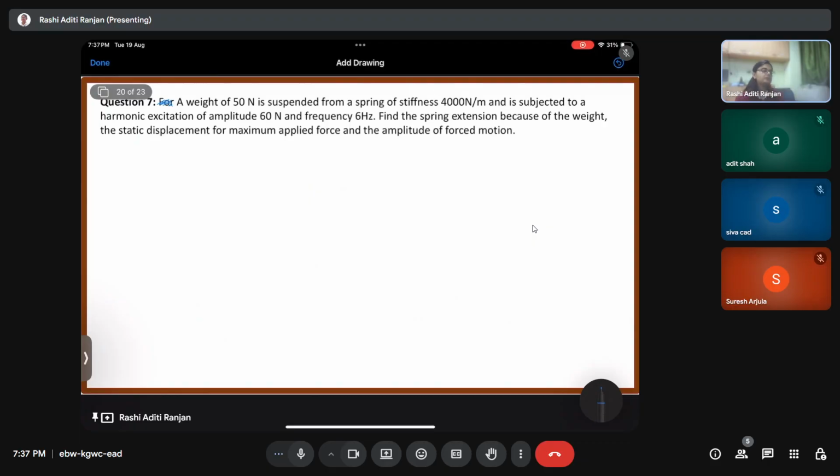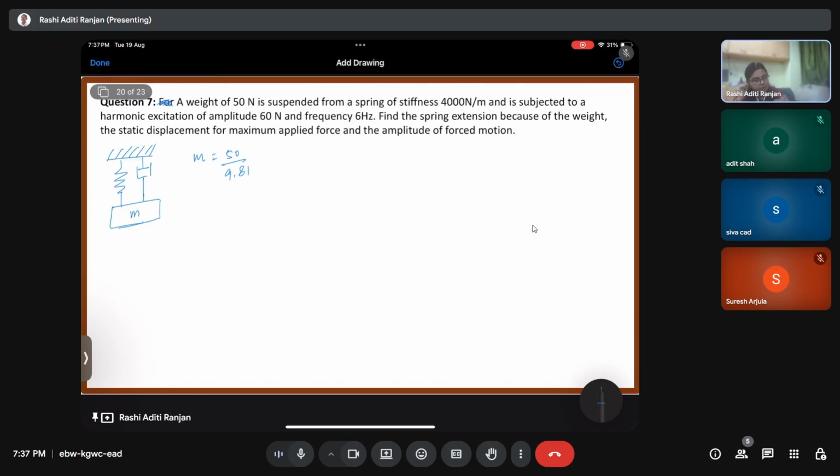Okay, so this case is something like we have a fixed support, we have a spring, we have a dashpot, we have a mass. We have mass as 50 by 9.81 because the mass is given in terms of its weight.